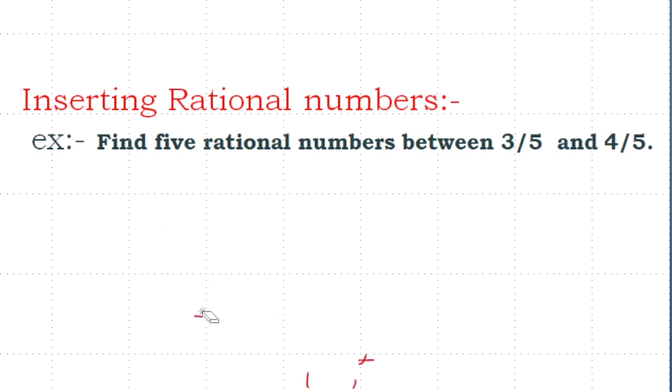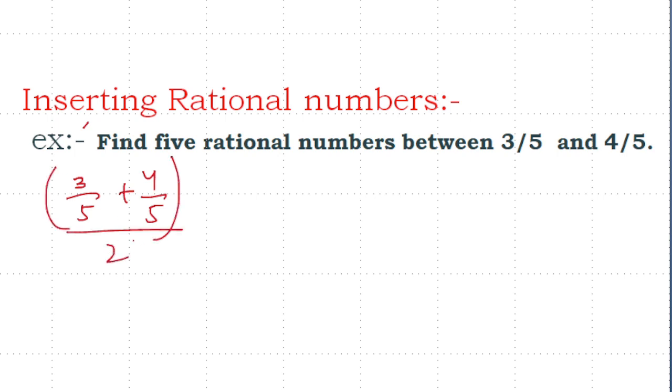So now come to the middle number. What is the middle number? 3 by 5 plus 4 by 5. Now middle number means divide by 2. For any two numbers, if we want the middle number, we add them and divide by 2, and it will give us the middle number.